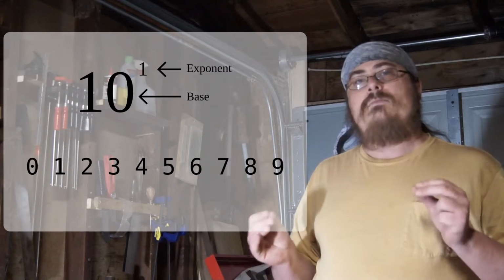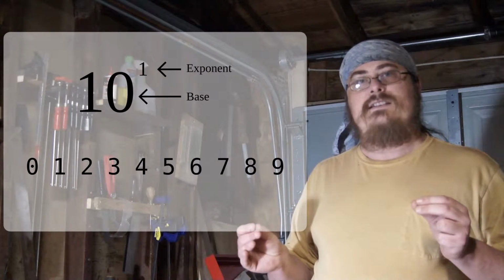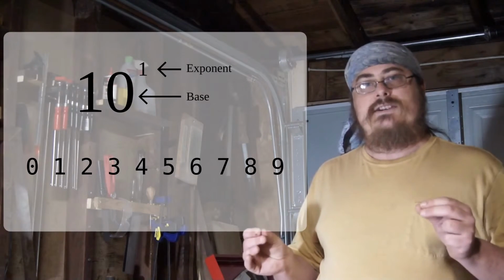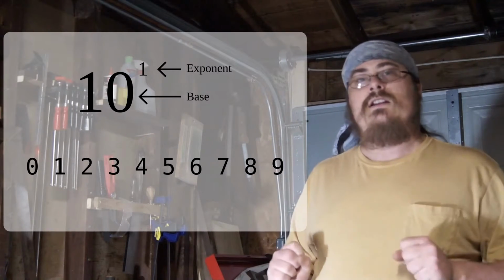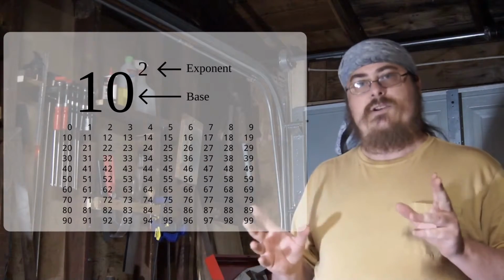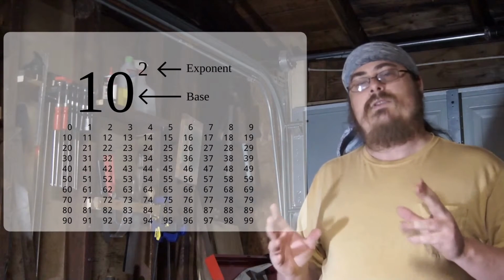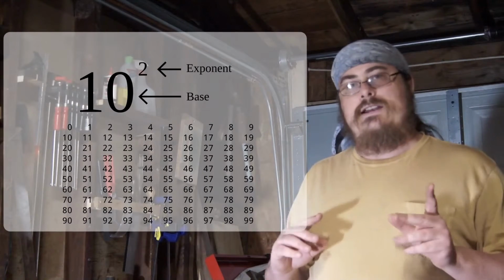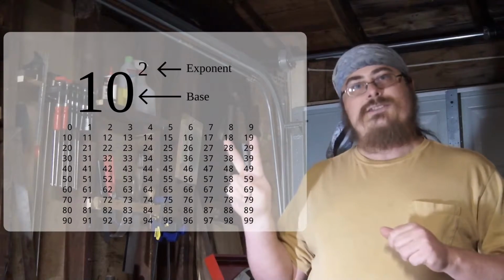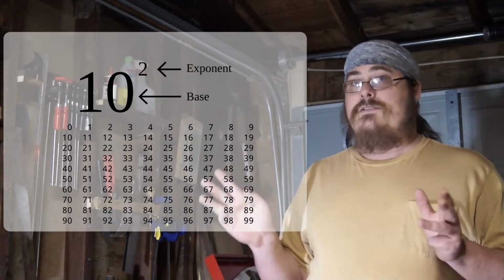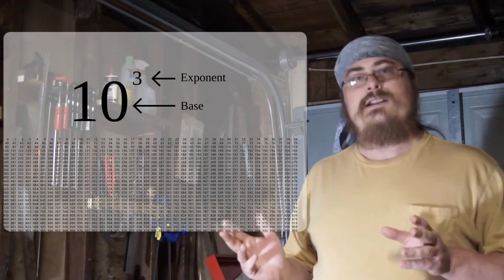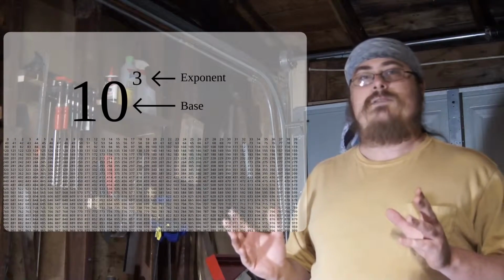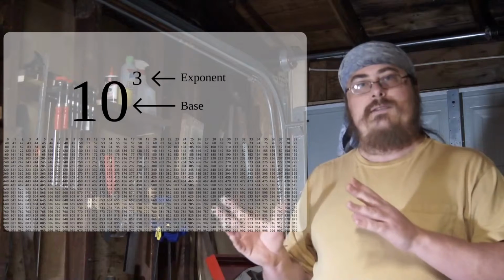That gives you how many numbers you can represent with that many digits. One digit, we can represent 10 numbers. Let's do 10 to the second, which is 100. We can represent the numbers 0 through 99 with 2 digits. 10 to the third, 1,000. We can represent 0 through 999, or 1,000 numbers, with 3 digits.